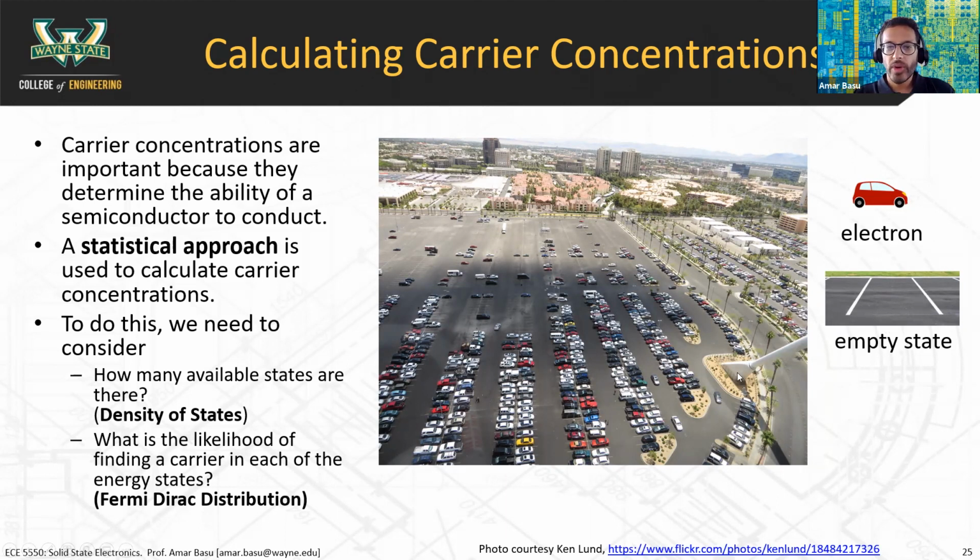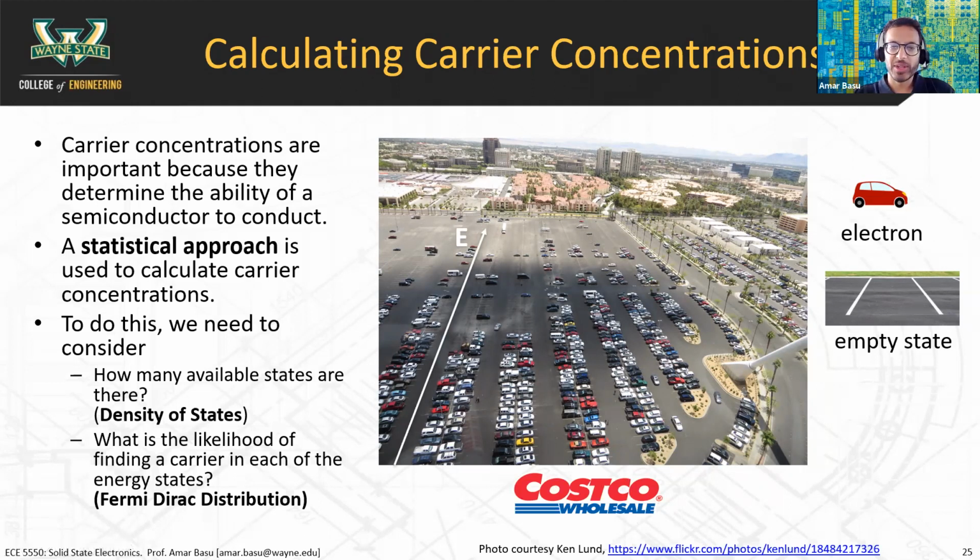The way the Fermi-Dirac function plays into this is, if you look at this picture, you see that more cars are parked close to the bottom end. That's because, in the example of Costco Wholesale, the cars like to be parked closer to the building because that is the lowest energy state.